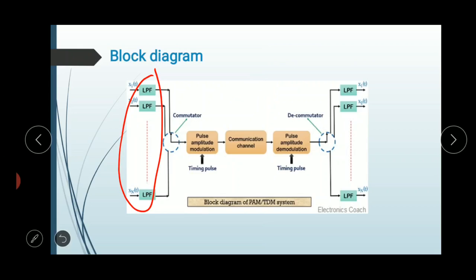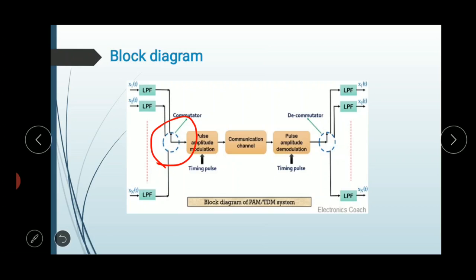The output of the low pass filter is then fed to the commutator. This one is the commutator. As per the rotation of the commutator, the samples of the data inputs are collected by it.